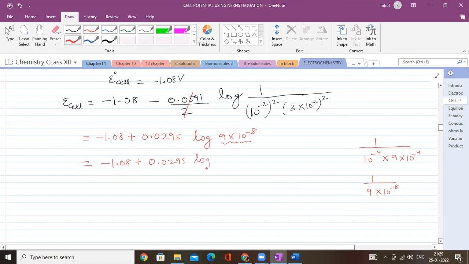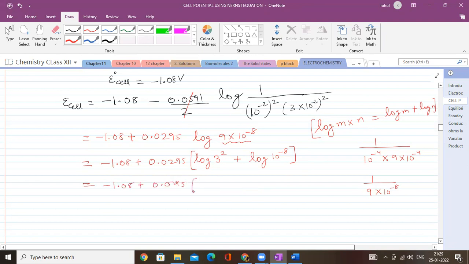I'll write log of 9 into 10 to the power minus 8 as log of 3 to the power 2 plus log 10 to the power minus 8, because I have told you log of m into n is log m plus log n. So it is log 3 to the power 2 plus log 10 to the power minus 8. I wrote 9 as 3 to the power 2.